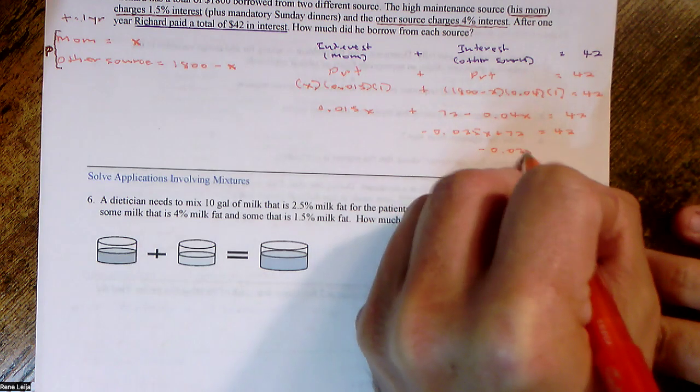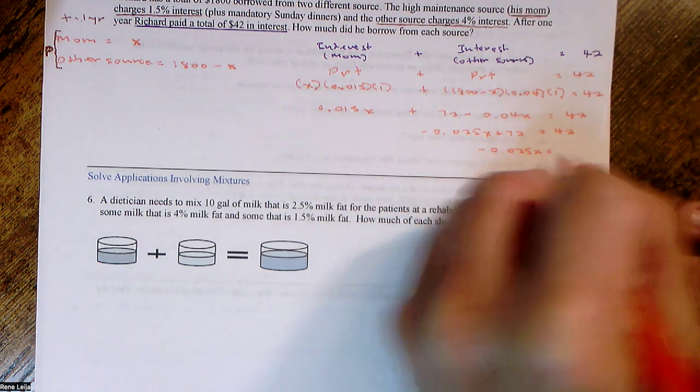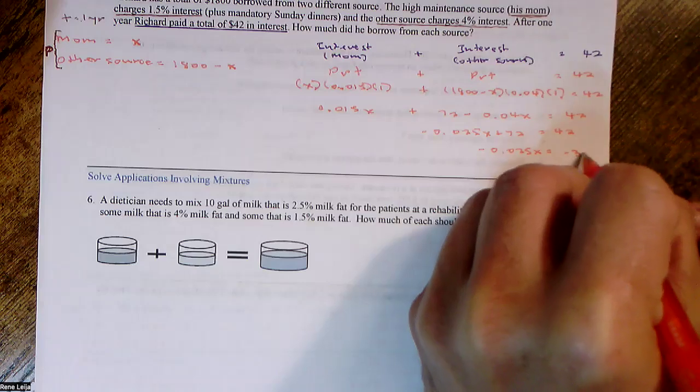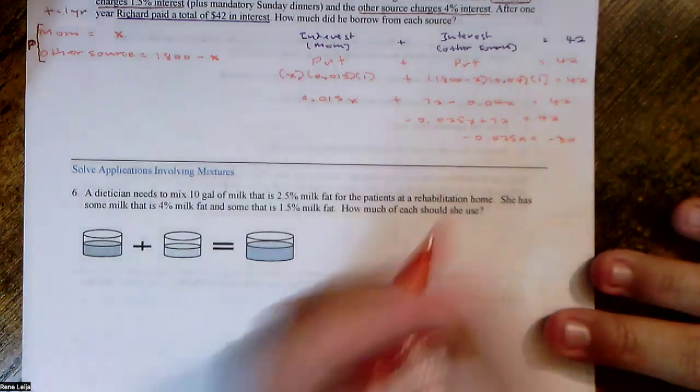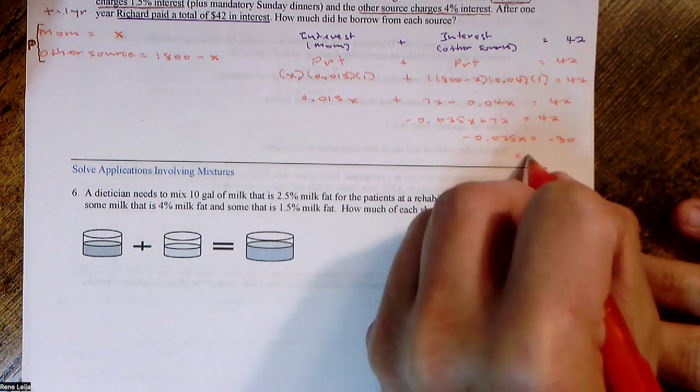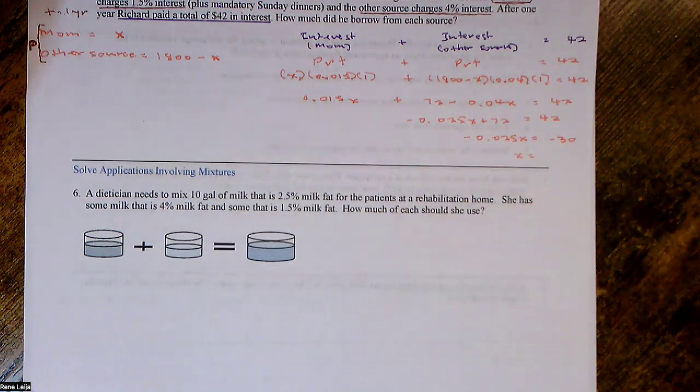And this is why I'm telling you, don't panic, because look at what we've got. If we have negatives on both sides, we're going to have to divide by 0.025. Okay, so we're going to take negative 30, and then we're going to divide it by negative 0.025.